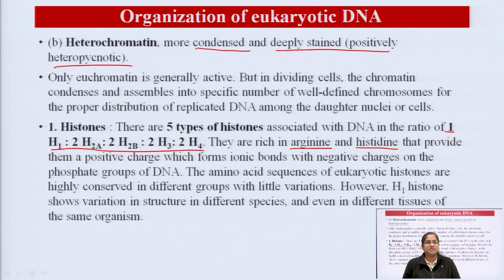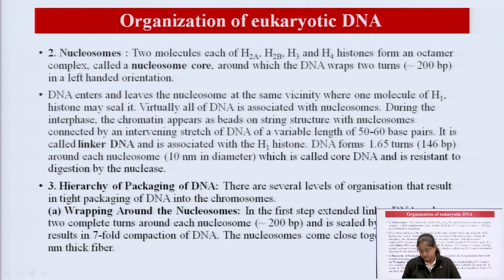The amino acid sequences of eukaryotic histones are highly conserved in different groups with little variation. However, H1 histone shows variation in structure in different species and even in different tissues of the same organism.